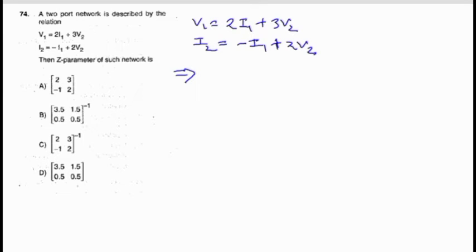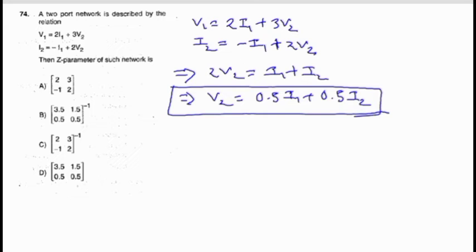So you can see that equation 2 has only one voltage term. So we'll simplify this. We'll take the voltage term on the left side, that is 2V2 equal to I1 plus I2. So V2 equal to 0.5 I1 plus 0.5 I2.